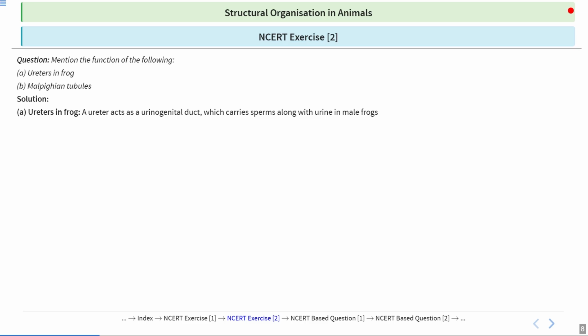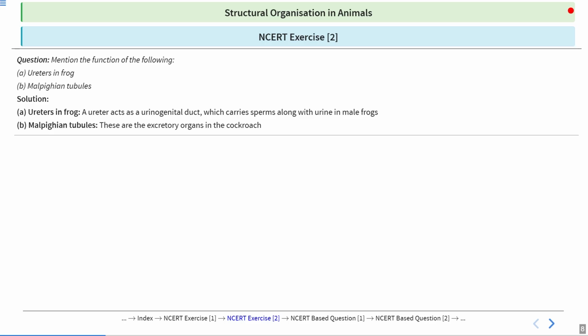When there is a passage of urine, at that time there will be no passage for the sperm. When the sperm is passing through this ureter, at that time urine will not pass. So at a time, only one thing will be eliminated from this ureter, right? So this ureter in frog is a urinogenital duct in male frog, not in the female. Very, very important point.